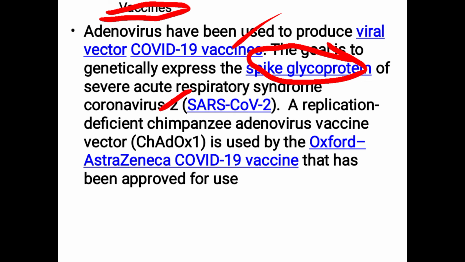A replication-deficient chimpanzee adenovirus vaccine vector is used by the Oxford AstraZeneca COVID vaccine that has been approved for use. The AstraZeneca vaccine is used for COVID-19. It was made by Oxford University, and actually they use the adenoviruses for the vaccine delivery.